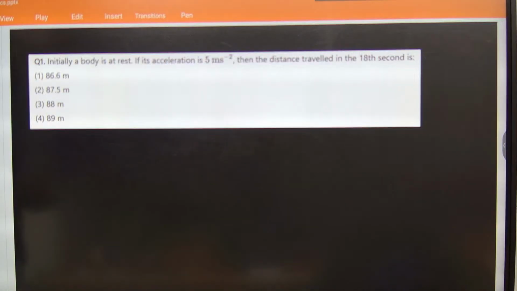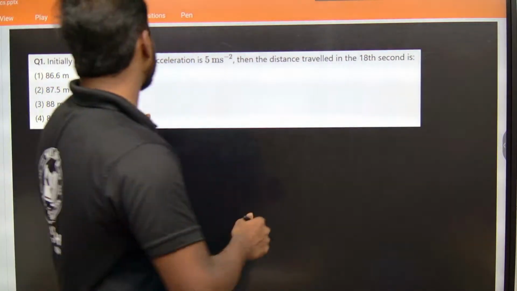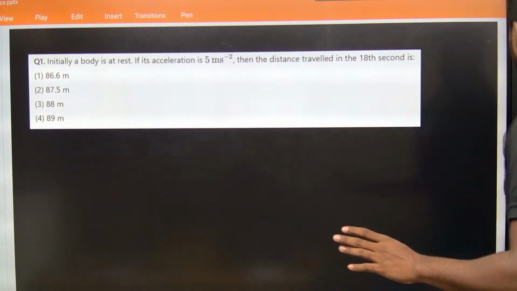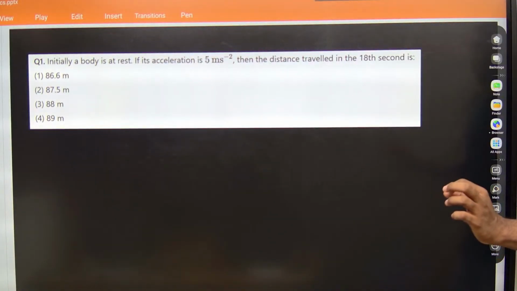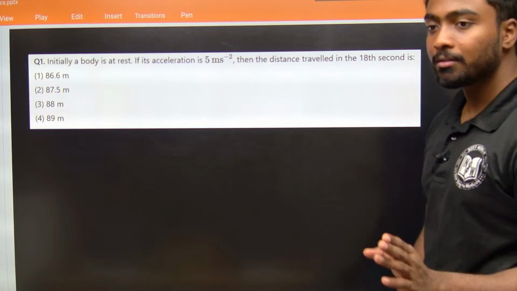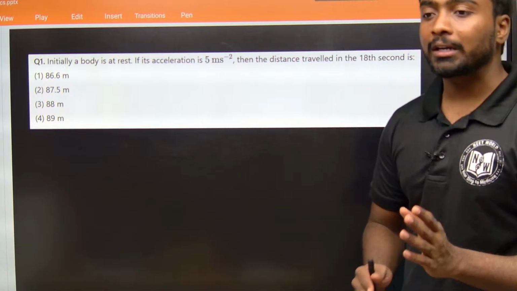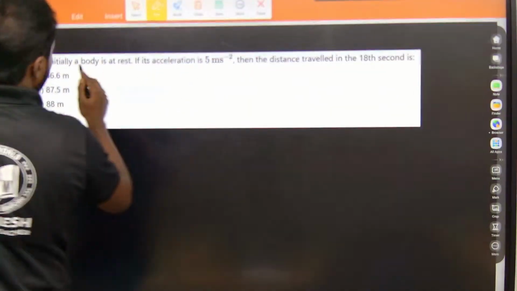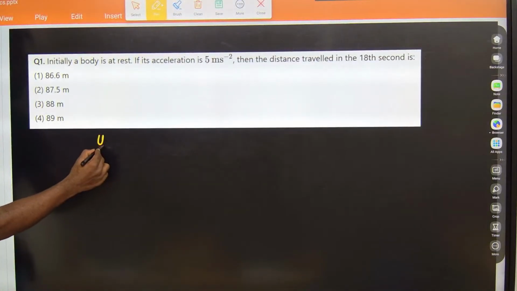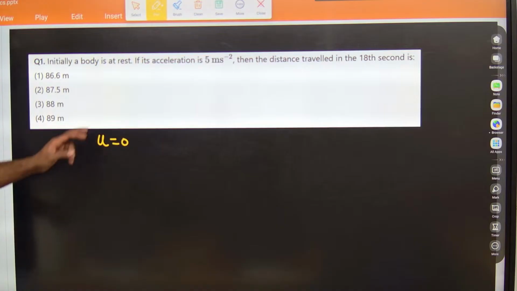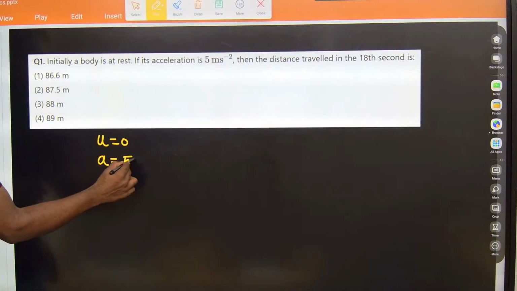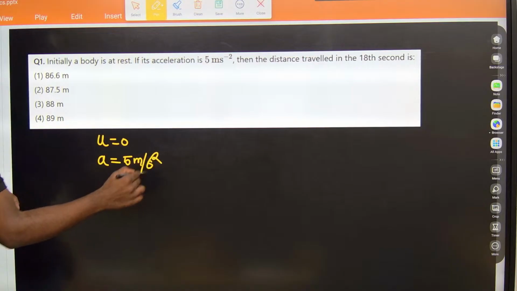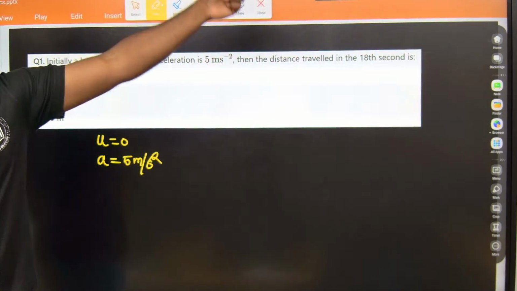So the first question is: initially a body is at rest. Whenever you are solving questions, read the question and write whatever is given. First, initially the body is at rest, u is equal to 0. If it accelerates at 5 meter per second square, find the distance travelled in the 18th second.